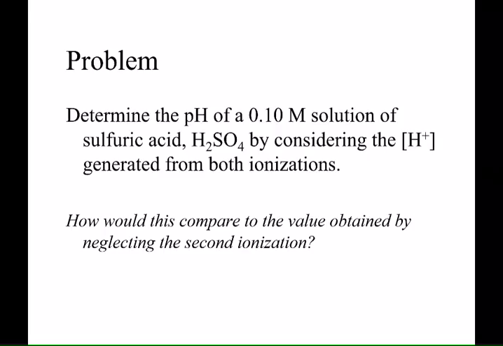We have a 0.10 molar solution of sulfuric acid, and we're supposed to come up with the hydrogen ion generated by the first ionization, which will be 100%, 0.10 molar H plus. Then we'll come up with how much of that second proton comes off.